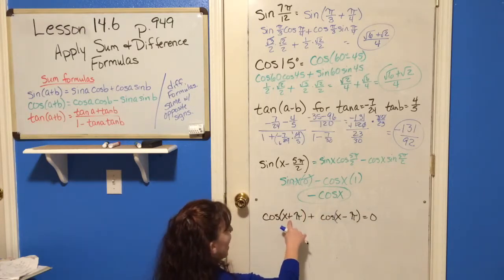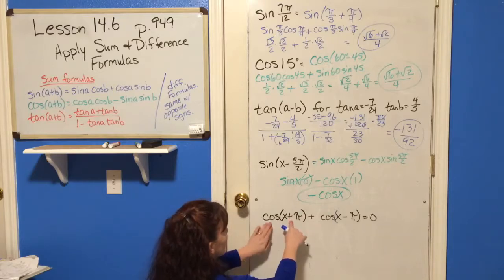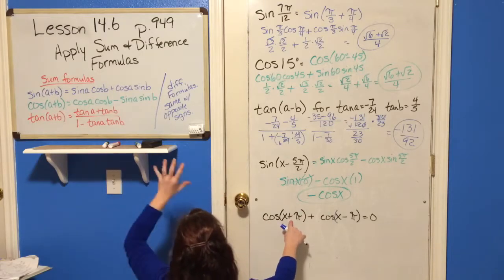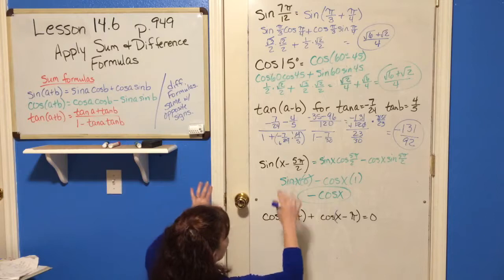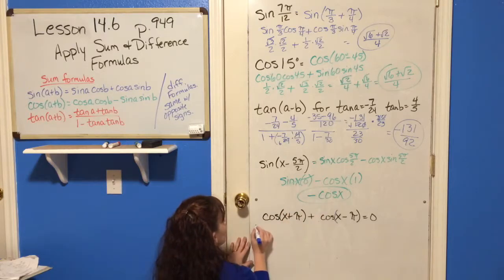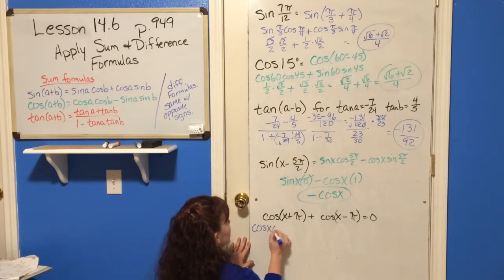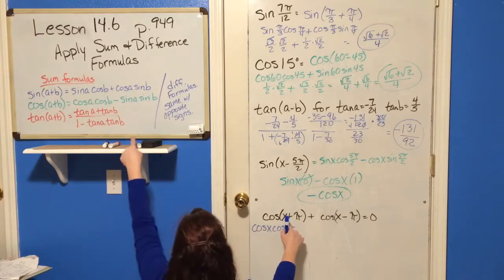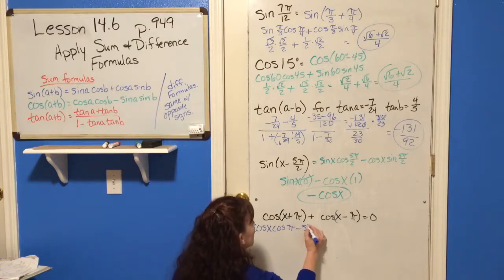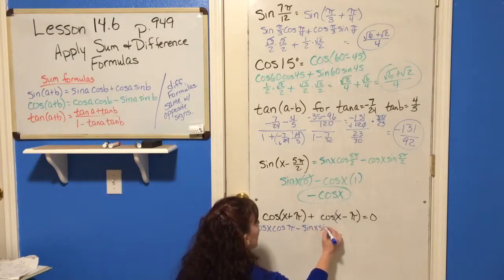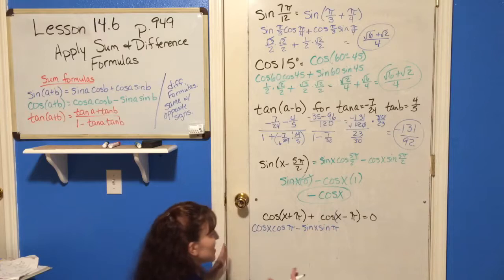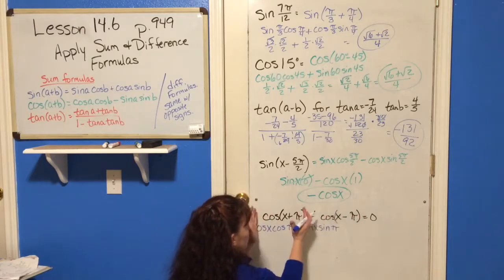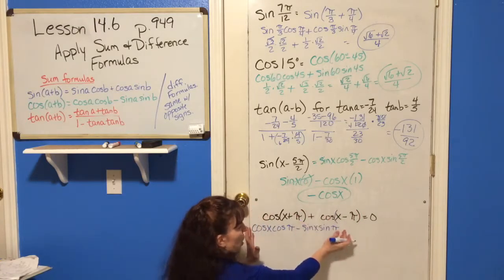We're going to use a sum formula, and this is the cosine. So for the cosines, you do cosines first, subtract the sines. So cosine of x, cosine of pi. And this is a sum, so we're going to do minus the sines. Sine of x, sine of pi. Now this gets tricky because we're adding, so all of this is this part.